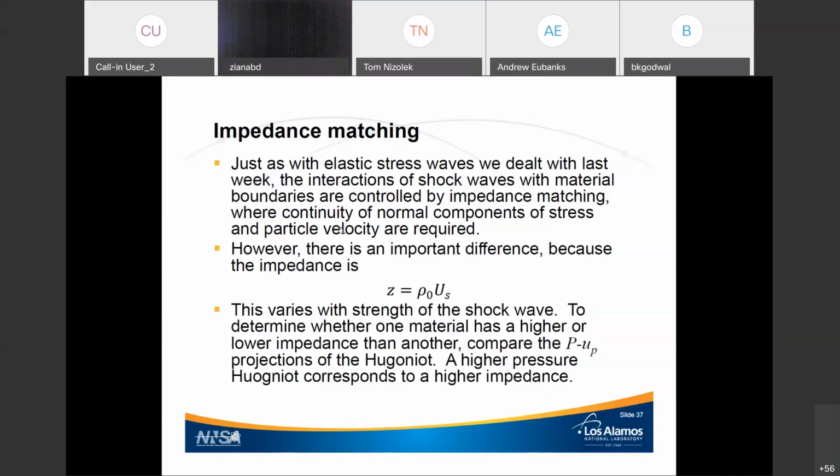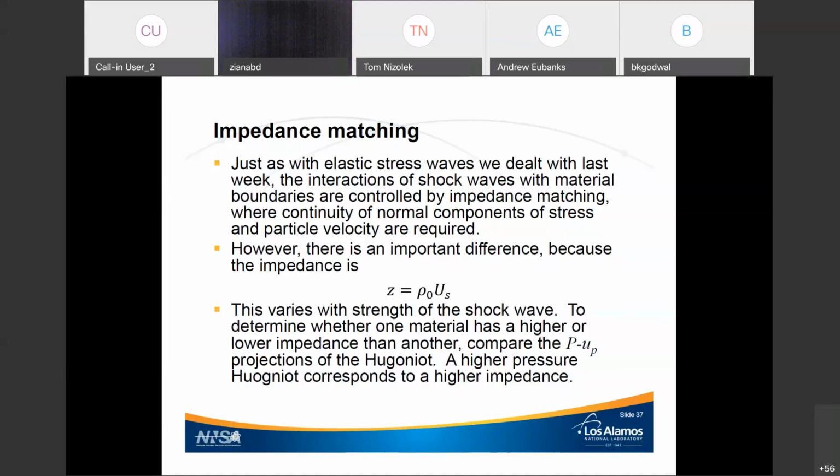They're the same on both sides of the interface. The difference is now the impedance, instead of involving some longitudinal wave speed, involves the shock wave speed. And this number varies depending on the strength of the shock wave.